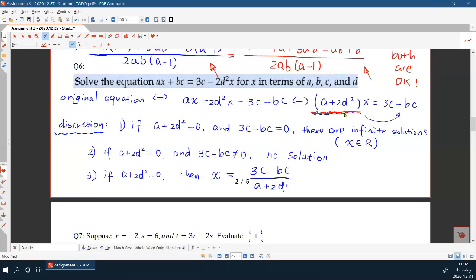So be careful with this. If you don't know this value, don't put it in the denominator because it could be 0. You need to discuss before you use it as a denominator. Okay?